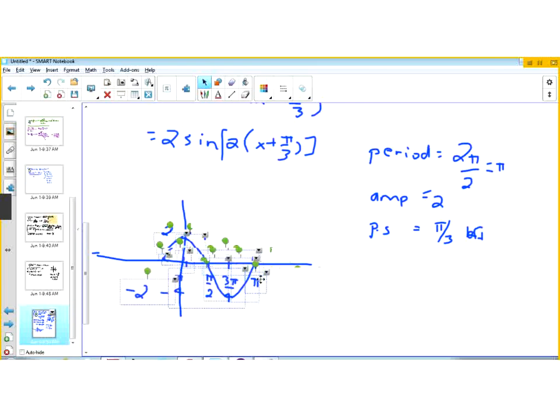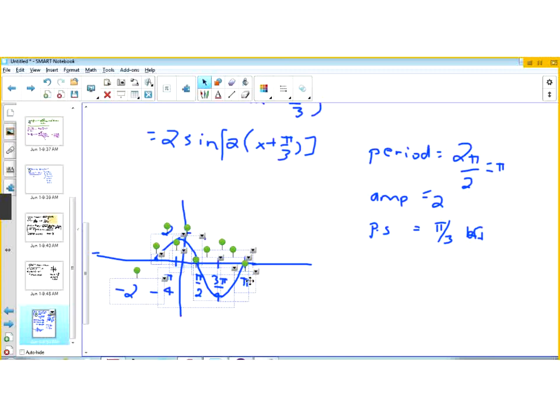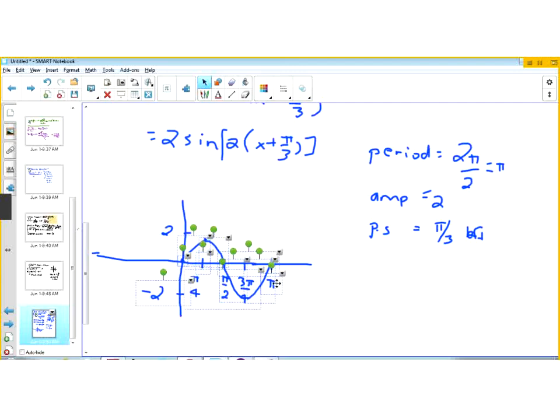Pi thirds is greater than pi fourths, so it's got to go something like this.